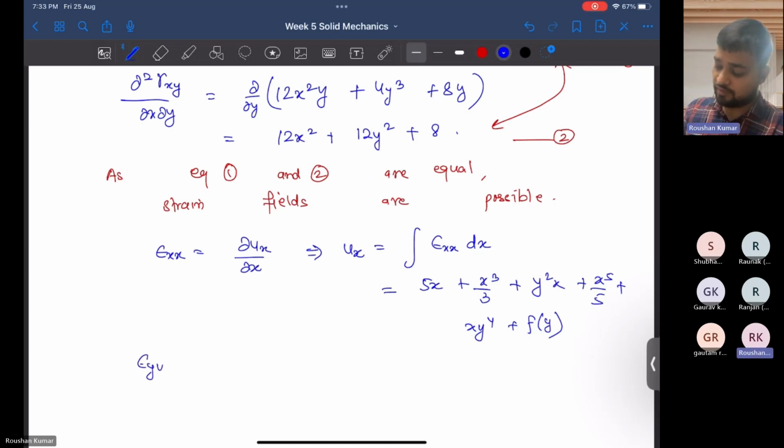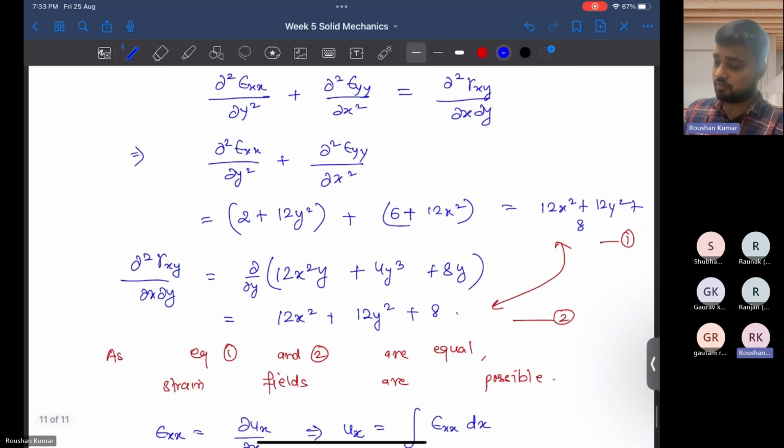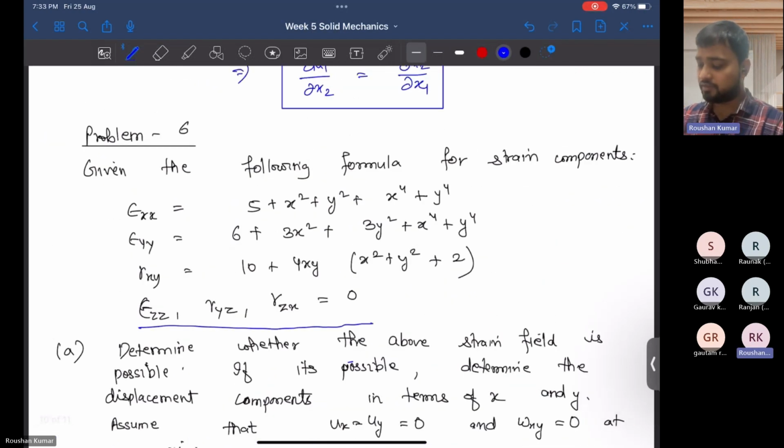Similarly, epsilon yy is given by ∂uy/∂y, which gives us uy equal to the integral of epsilon yy with respect to dy. So if you see the epsilon yy relation, that is 6 plus 3x² plus 3y² plus x⁴ plus y⁴.